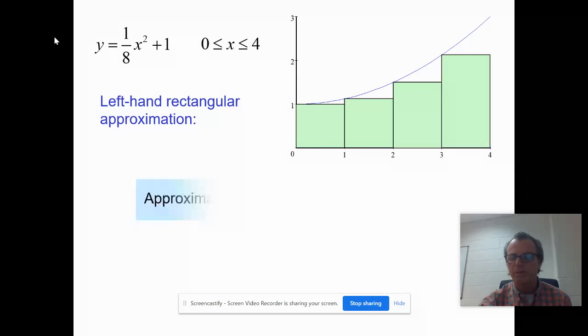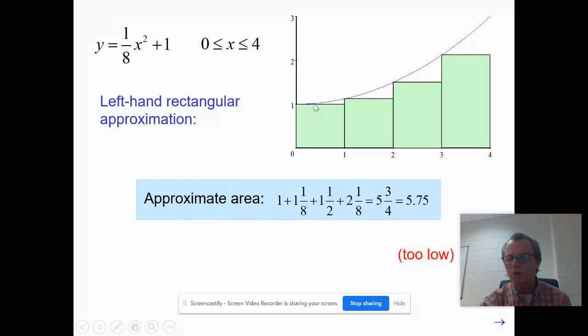And if you notice in LRAM, these are all rectangles because you have two pair of opposite parallel sides. When we get to the trapezoids, only these vertical sides will be parallel. Where you're hitting the curve will not be parallel to the x-axis. So LRAM underestimates the area of the curve. RRAM.